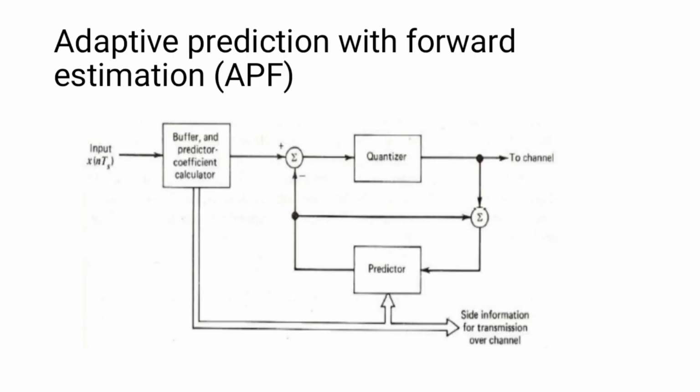And the same thing for adaptive prediction, with forward estimation. Already we studied the prediction filter, quantizer and predictor. Here we use the same prediction filter. Before that, there is a buffer and predictor coefficient calculator, all the things before the prediction filter, and we estimate and give it to the prediction block and transmit over the channel.